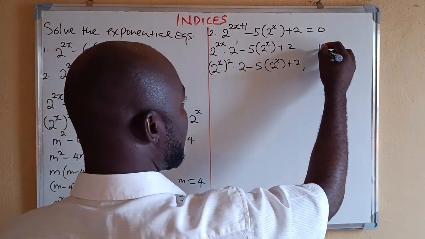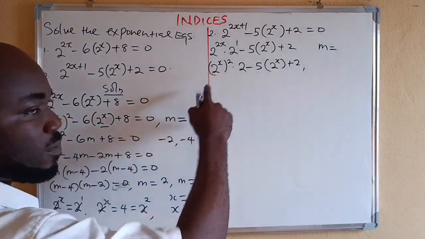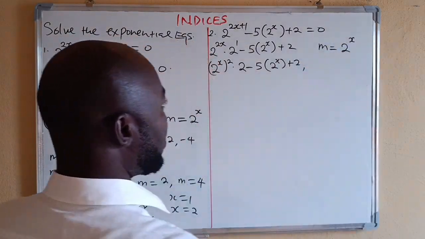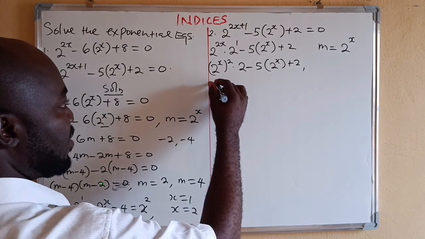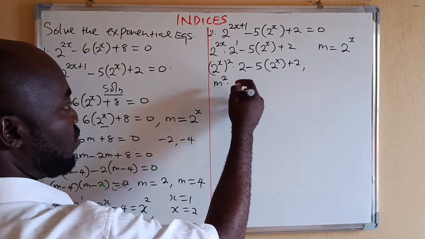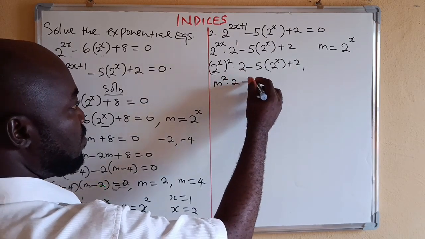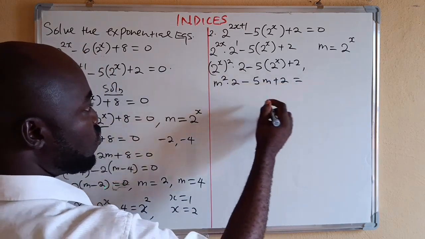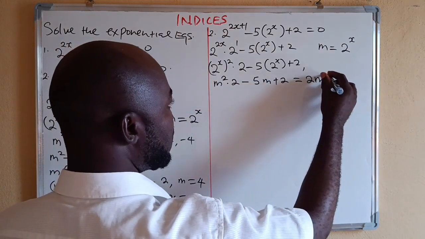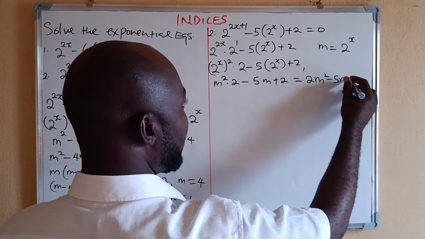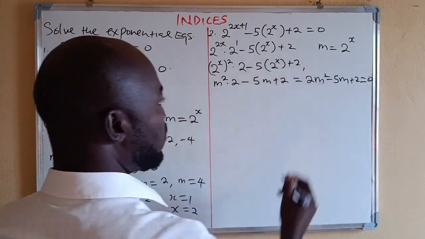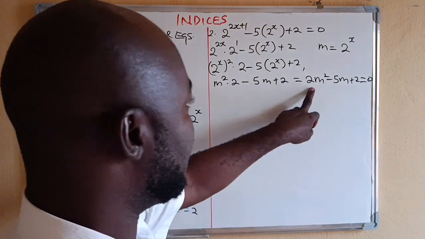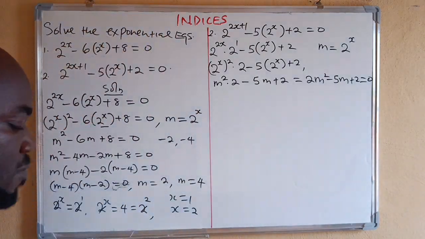I will let my m again be equal to 2 to the power of x. So I'm going to write m squared multiplied by 2 minus 5m plus 2. So this will be 2m squared minus 5m plus 2 equals 0. So I want to factorize. I'll look for two factors.